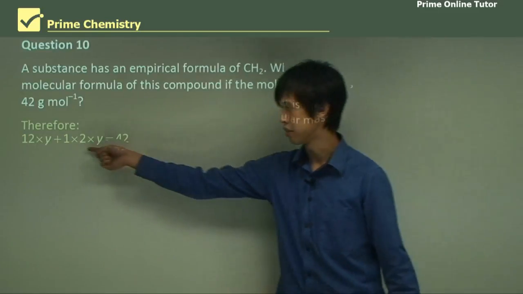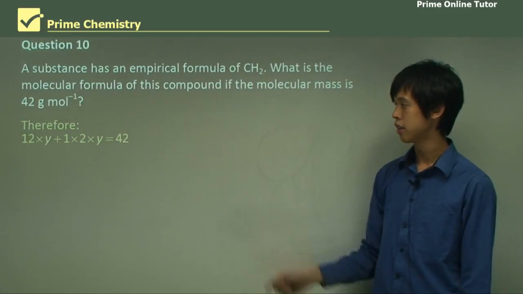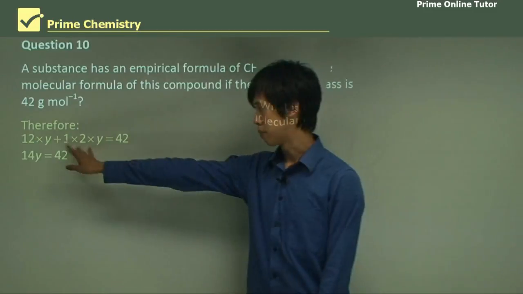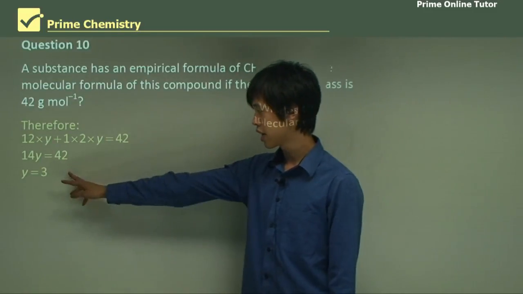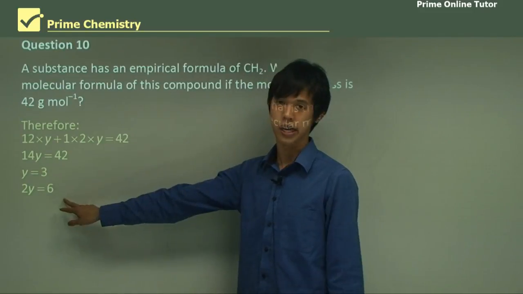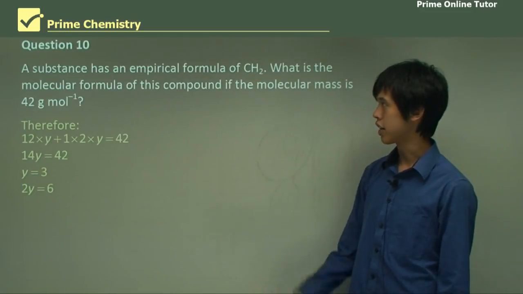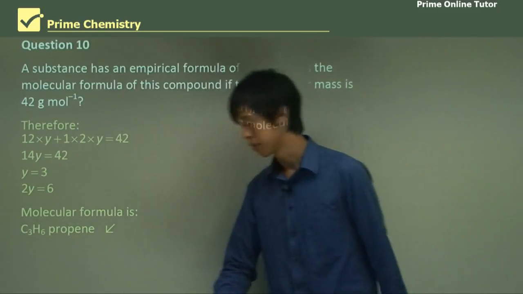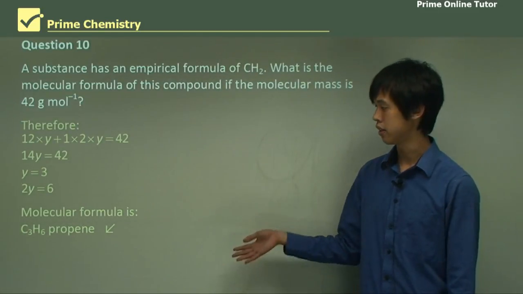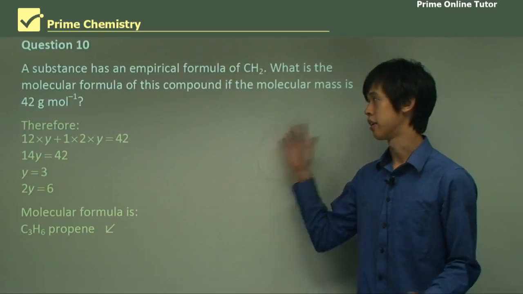There you have the equation. If we do the maths, 14y equals 42. So y equals 3, and obviously 2y is 6. If you write it in your general formula now, you get C3H6, which is propene. That's how we work out these questions.